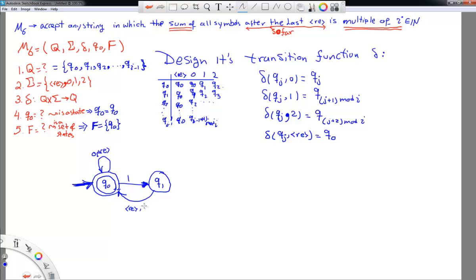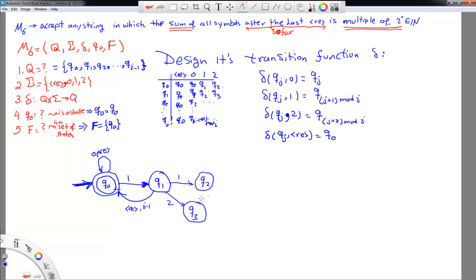And also, if you see the number I minus 1, if that is in your symbol set, you go back to q sub 1. And then if you see 1 here, you go to q sub 2. If you see 2, you go to q sub 3, and so on and so forth.